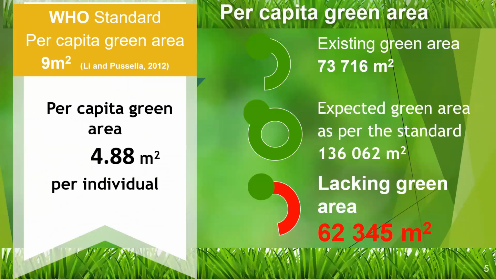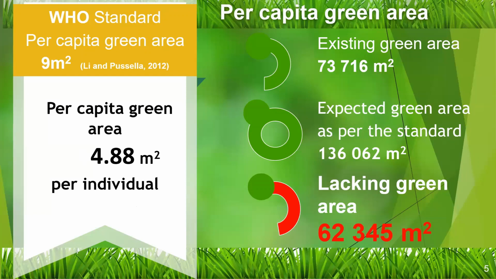And most importantly, we could calculate the per capita green space availability per individual, and we have seen a gradual decrease of that as well. For 2015, it was nearly 5 square meters, and this is well below the per capita green requirement according to the WHO standard.